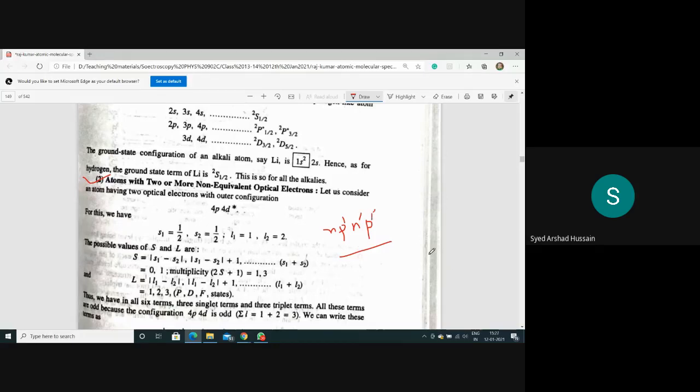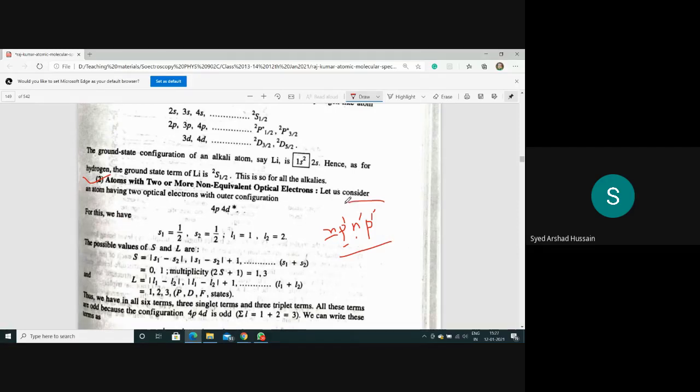So you have two electrons. For one electron, the N value is n and L value is 1. For the other, the N value is n dash and L value is 1. So for these two electrons, both N and L are not the same. So these are non-equivalent electrons. So you don't need to bother about Pauli's exclusion principle.